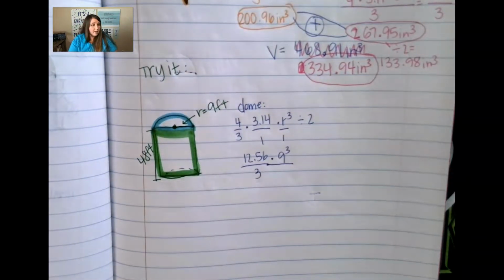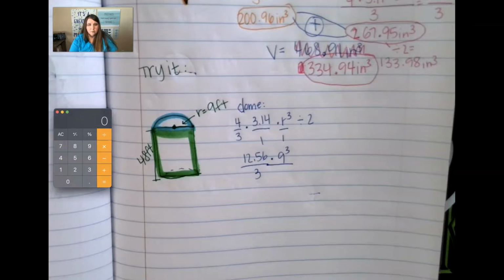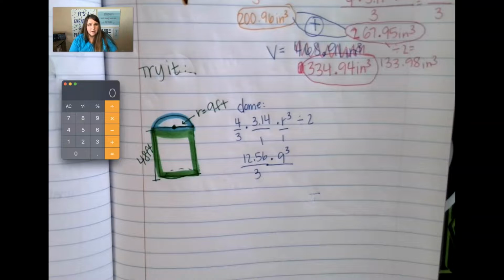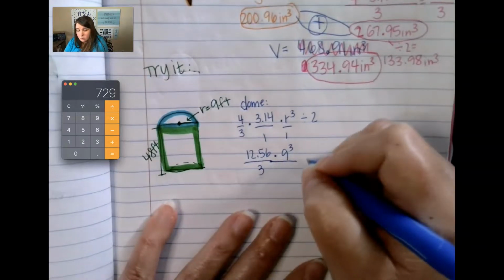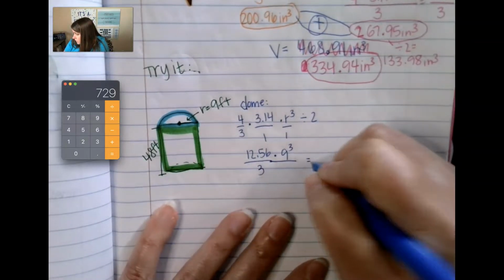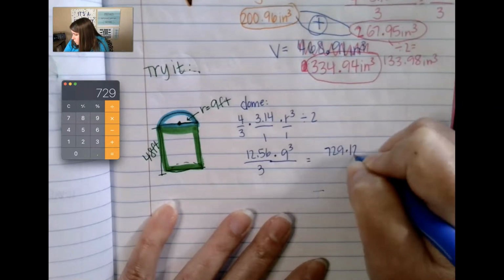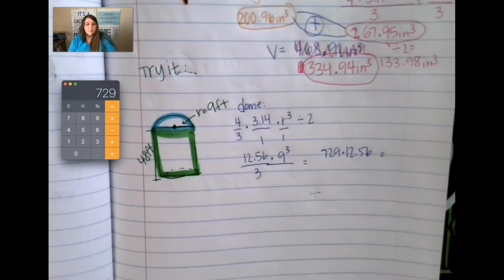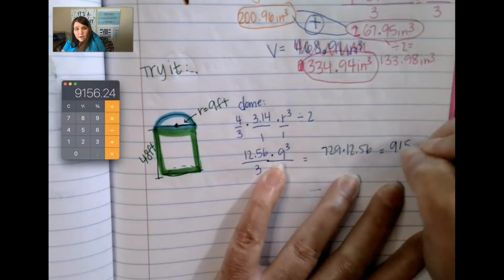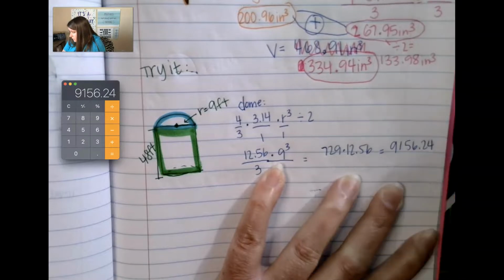Okay, so 9 cubed. Okay, 9 times 9 is 81. Times another 9 is 729. So this equals 729 times 12.56. So we're going to multiply times 12.56, and that gives us 9156.24.